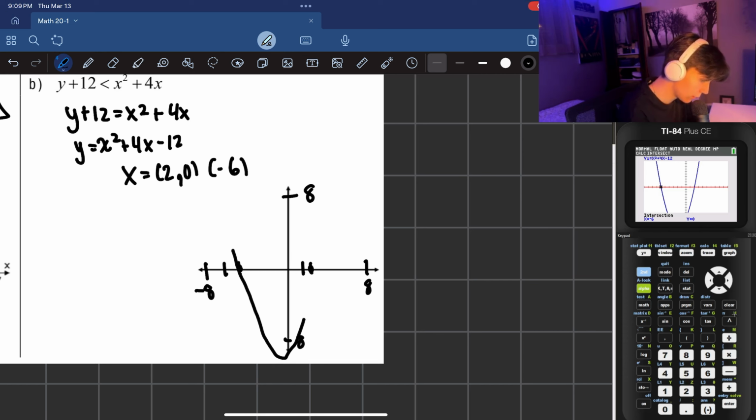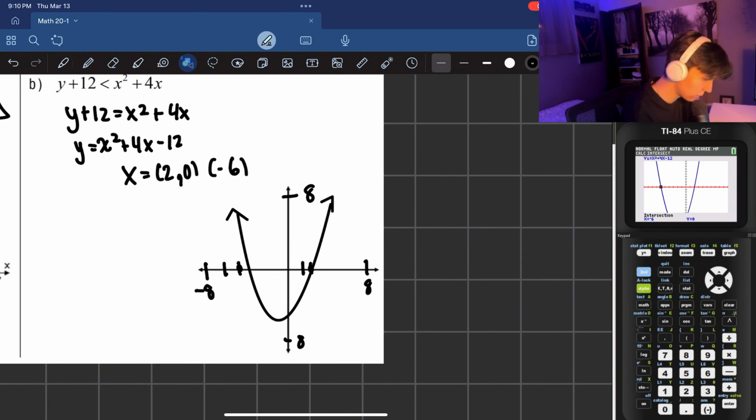So we can have a parabola that looks like this. It should go more below the line here, so I'm going to fix this. The parabola should look like this.